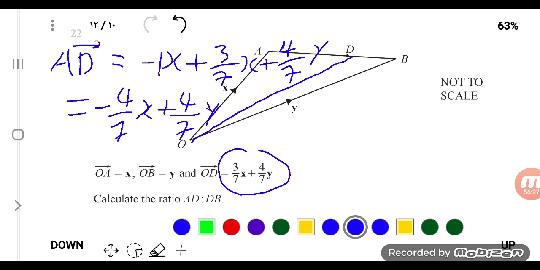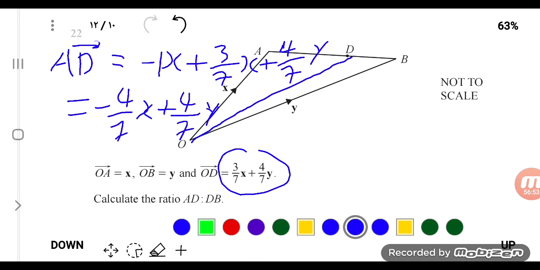From this, you can easily conclude that the ratio of AD to DB is 4 to 3, because you are given that here 4 and 7 means AD is 4 segments and DB is 3 segments.